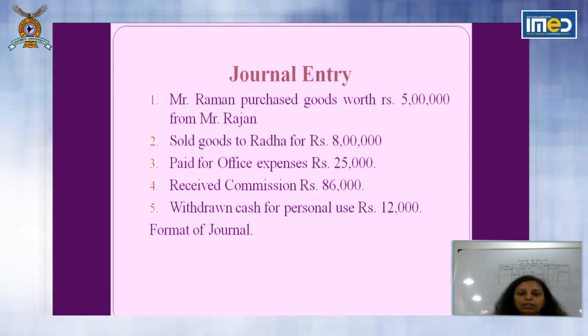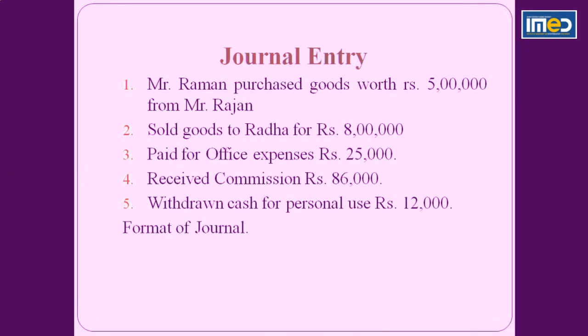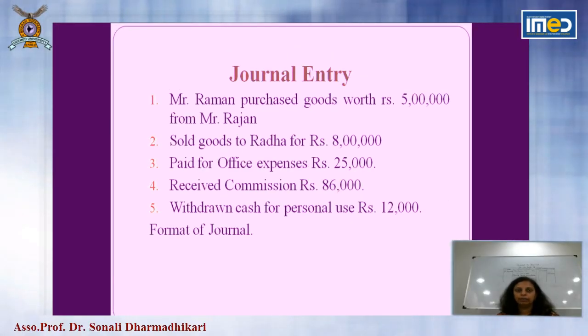So journal is meant for passing entries day to day. Primary entry, first making entry. As we have seen, the journal entry is passed when the transaction is over. Business transaction is over and you have the evidence, you have the proof, legal proof, document. On that basis only you will pass journal entry.